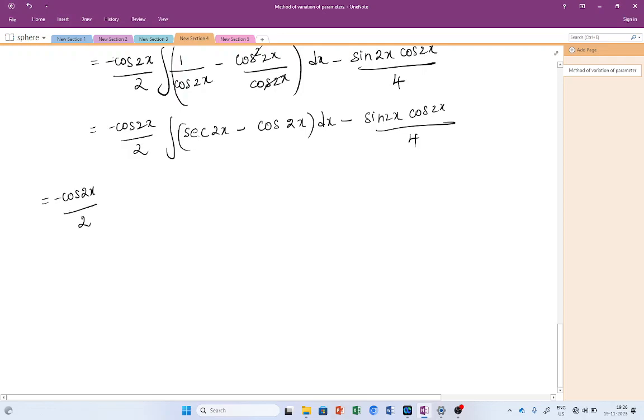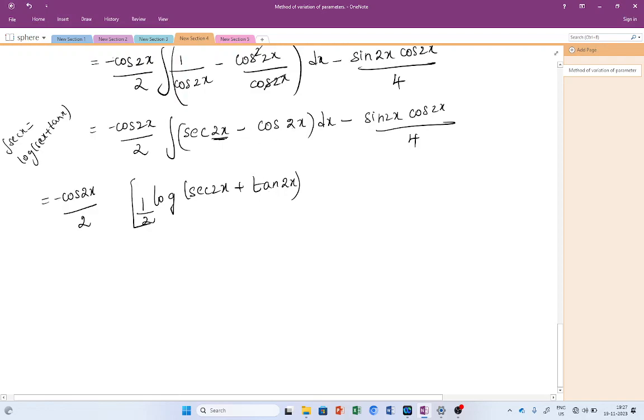Integral of secant 2x is, integral of secant x is log of secant x plus tan x. This is a formula. So here integral of secant 2x is nothing but log of secant 2x plus tan 2x. So this is the integration of secant x. But here we have 2x, so we have to differentiate it and write it as the denominator. So it is 1 by 2 into log of secant 2x plus tan 2x.